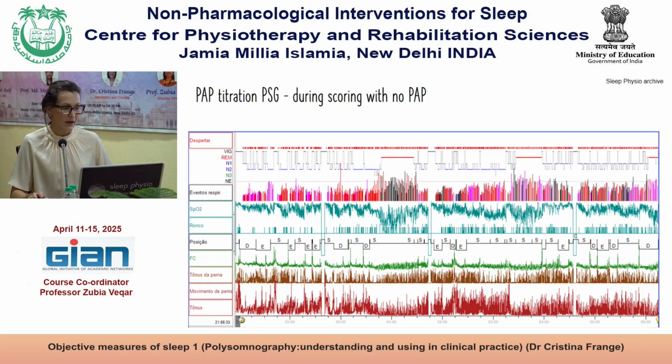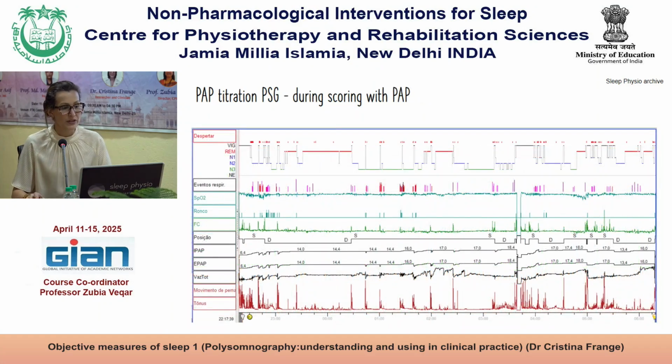Okay? So this is a window of a PSG. So this is a PAP titration without the PAP. So this is the baseline. And then when the PAP starts working, this is how we see. See the difference?